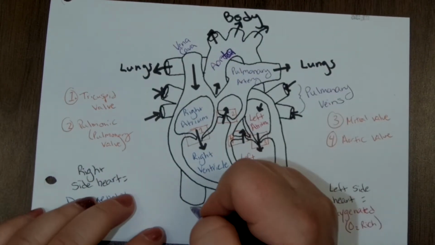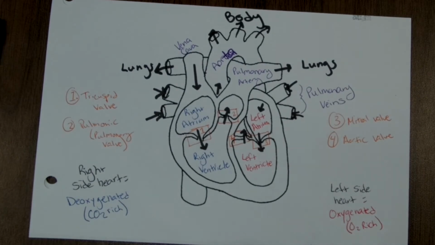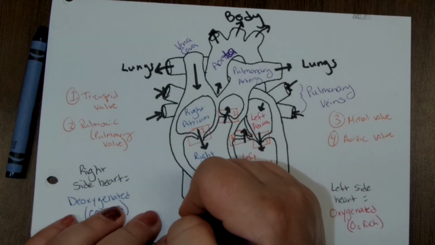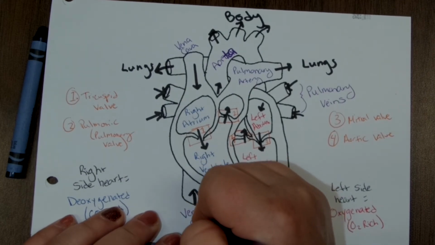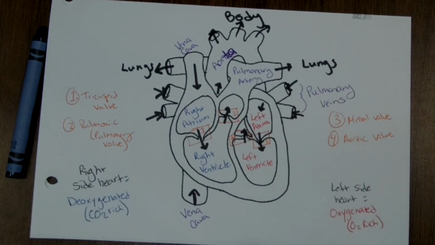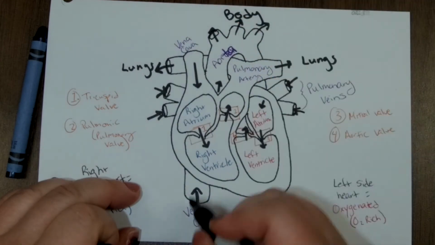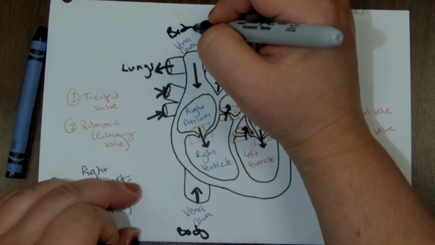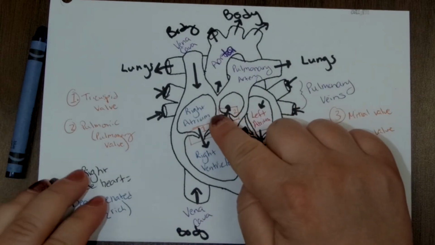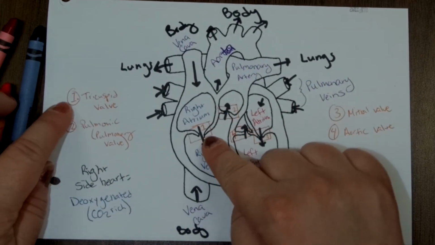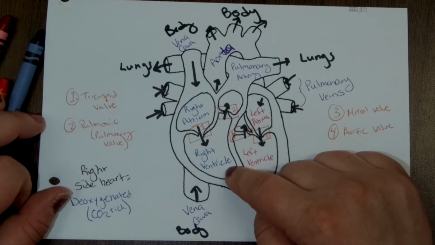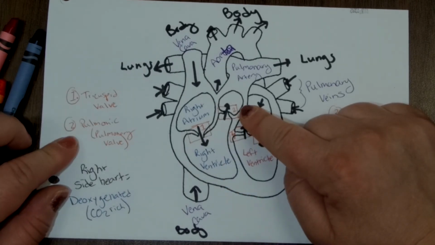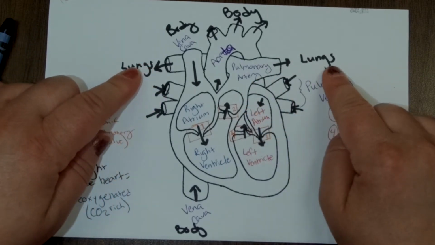So my blood flows into the vena cava, or in from the vena cava, and the rest of the body. To my right atrium, through the tricuspid valve, to the right ventricle, out the pulmonic valve, through the pulmonary arteries to the lungs.